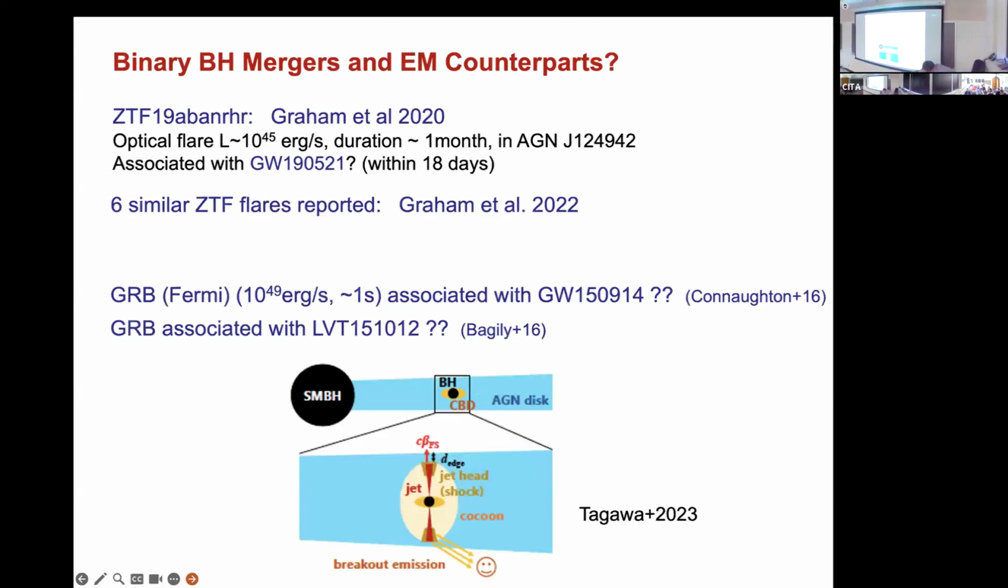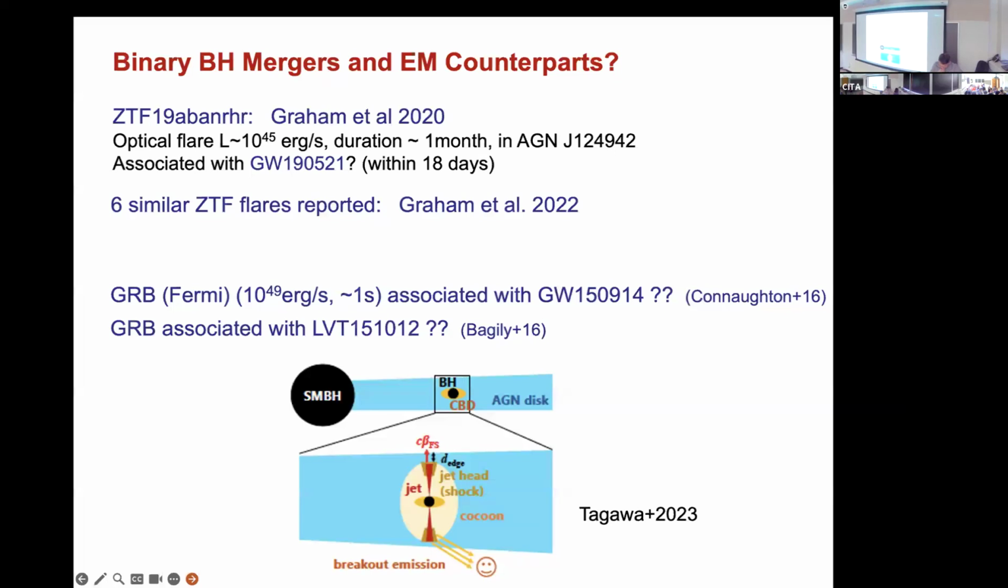And finally, just a note that of course, when you have black holes merging in AGN disks, there's a possibility of generating an electromagnetic counterpart. There have been some claims in the last few years, right? Some ZTF events coincide with black hole merger events.